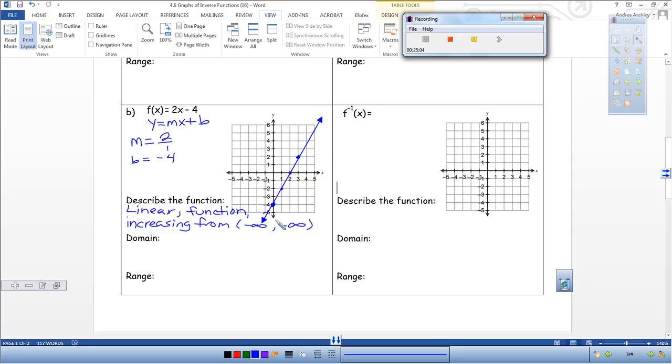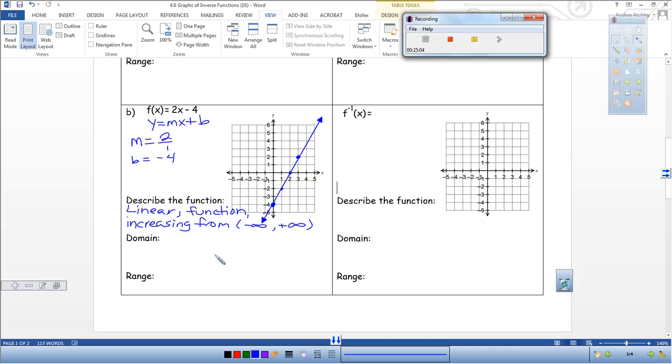Your domain. Sarah, what's the domain here? How far left and how far right? It doesn't stop at 1. It doesn't go to 0 for x, or -1 for x, or -2.